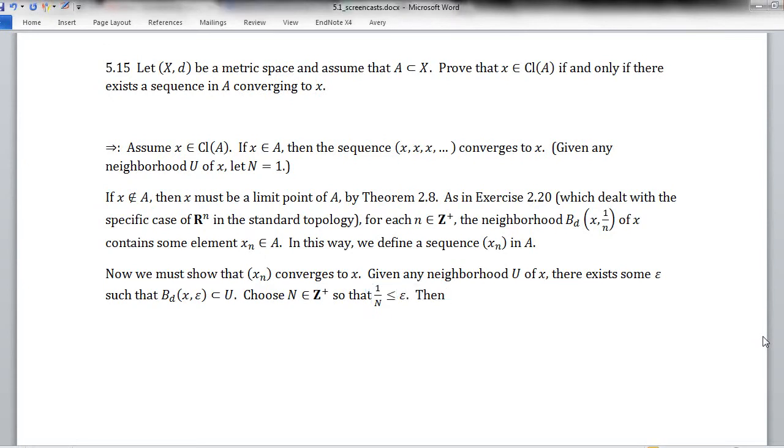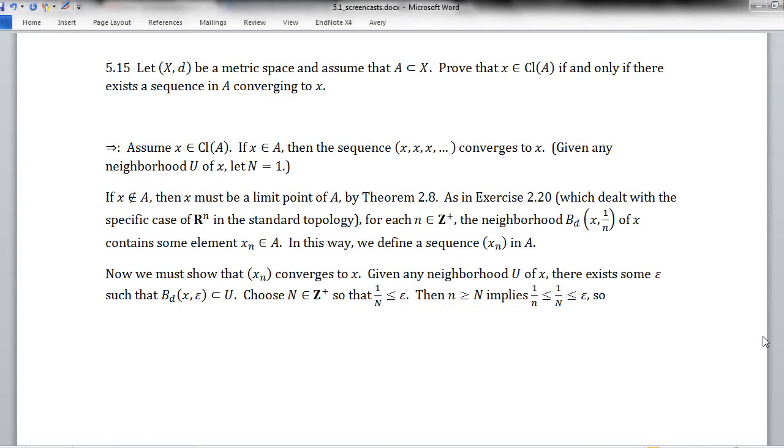And then whenever we have little n greater than or equal to capital N, that will imply that 1 over n is less than or equal to 1 over N, which we've chosen to be less than or equal to epsilon.